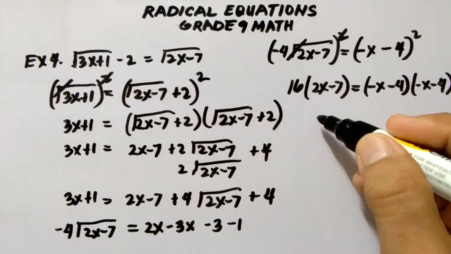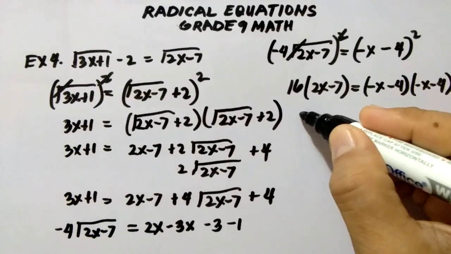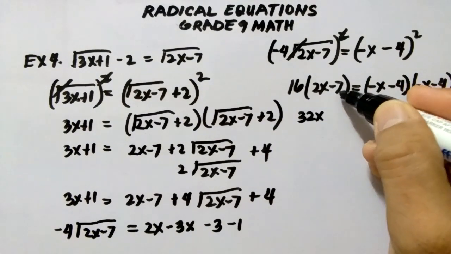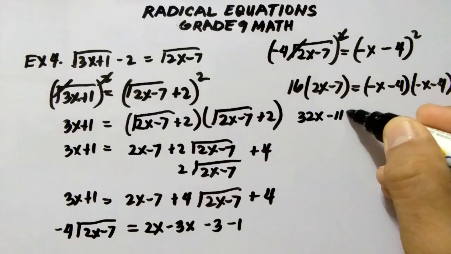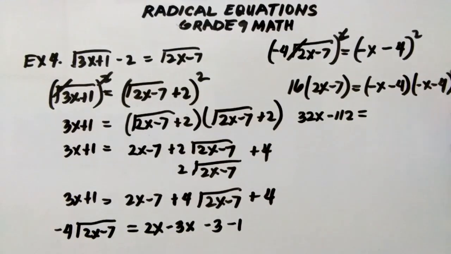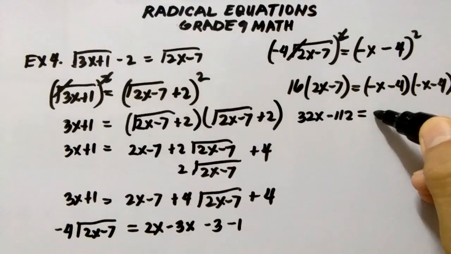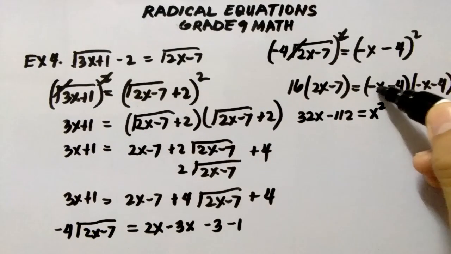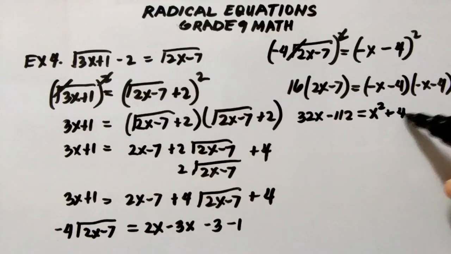16 times 2, that is 32x. So, we have 32x. Then, 16 times negative 7, that is negative 112. Is equals to, so using the FOIL method, dito po sa dalawang quantity. So, negative x times negative x, that is positive x squared. So, negative x times negative 4, that is positive 4x.